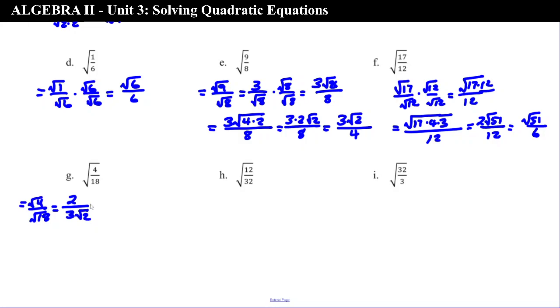Well, now we can rationalize by multiplying by the square root of 2 over 2, which gives us 2 times the square root of 2 on the top and 3 times 2 on the bottom. And so we end up with 2 times the square root of 2 over 6, which is the square root of 2 over 3.